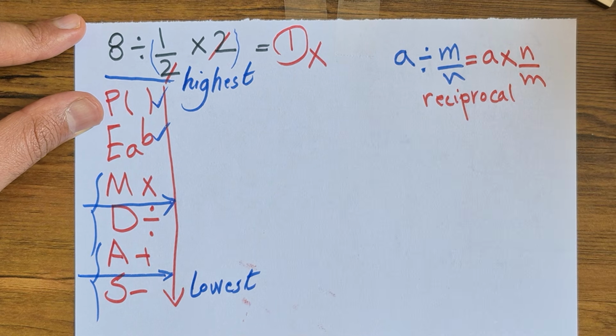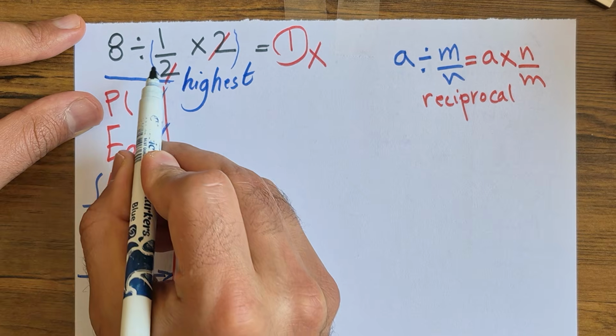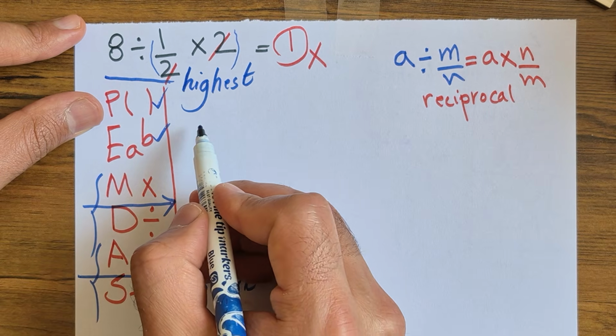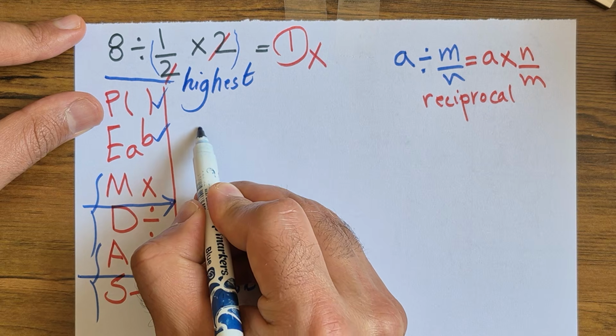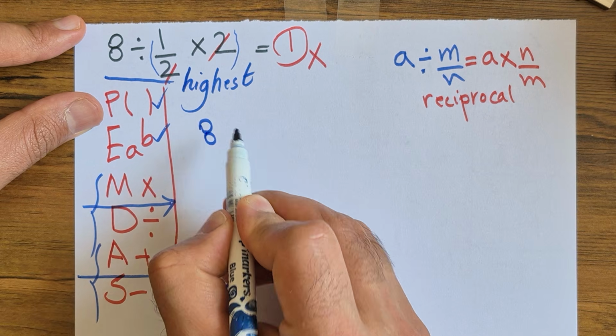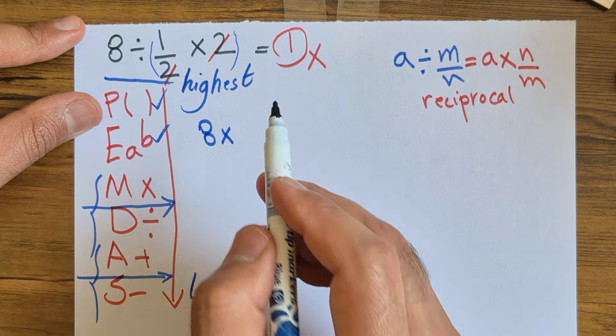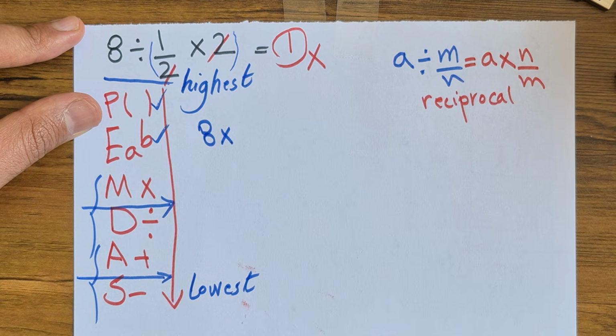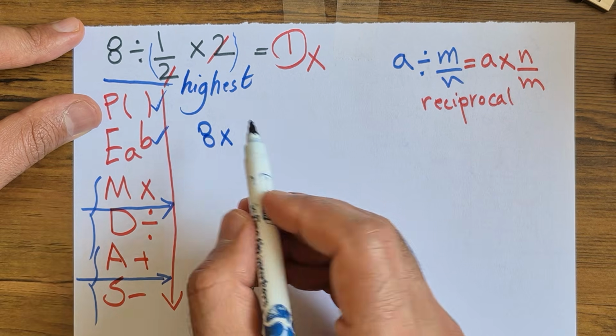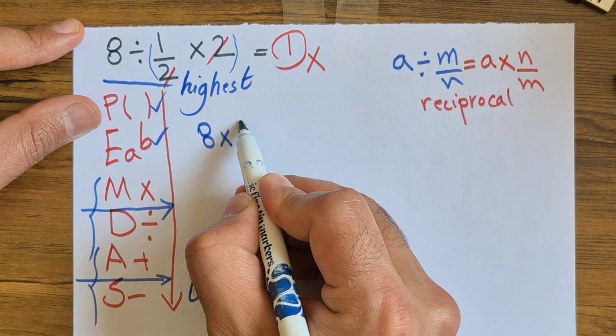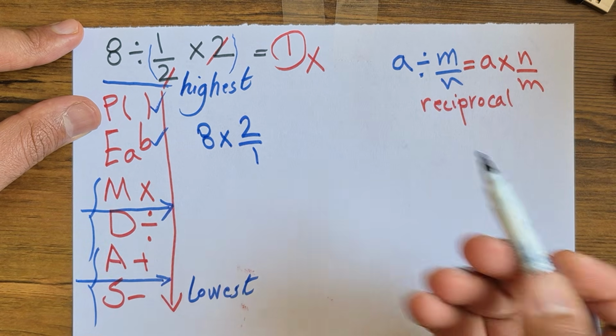So 8 divided by 1/2 is the same thing as 8 times the reciprocal. So change the sign into multiplication and swap the upper part and the lower part of the fraction. So 1/2 becomes 2/1, or just 2.